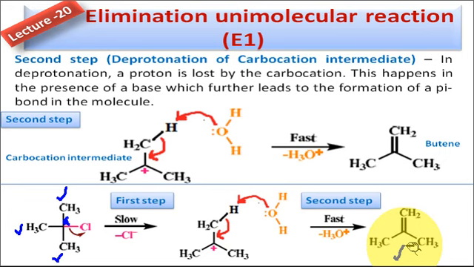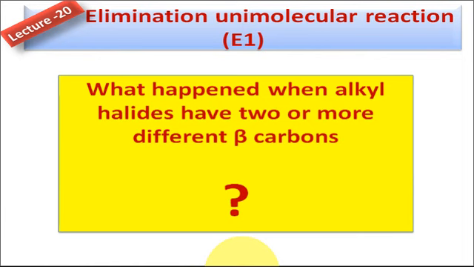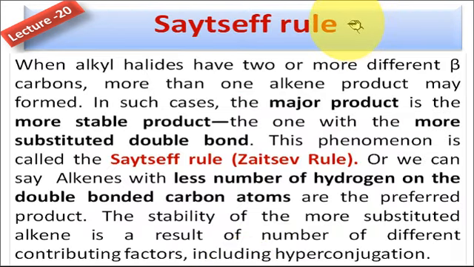But what happens when this beta carbon atom has another group? Say, it may be possible that it is an ethyl group, it may be a propyl group. So what happens when different kinds of beta carbon atoms are present in the parent molecule of the substrate? The answer we can obtain from the Saytzeff rule.